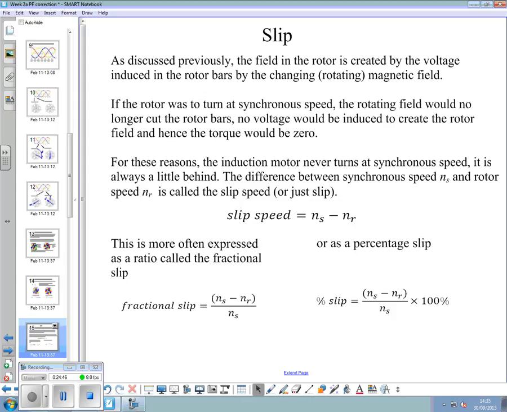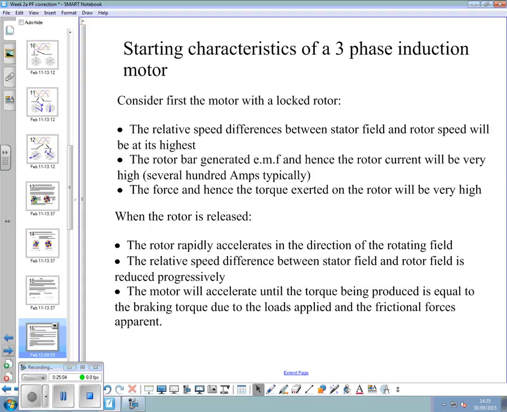Or we can do it as a percentage slip, which is that times 100. So that's effectively the percentage of the speed of the motor you lose due to slip. Right?